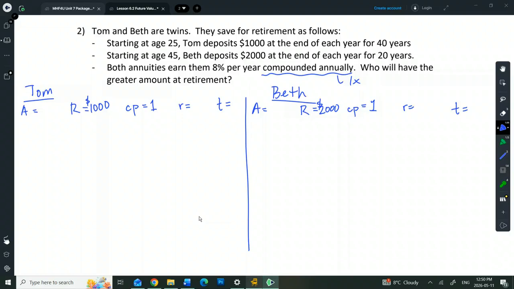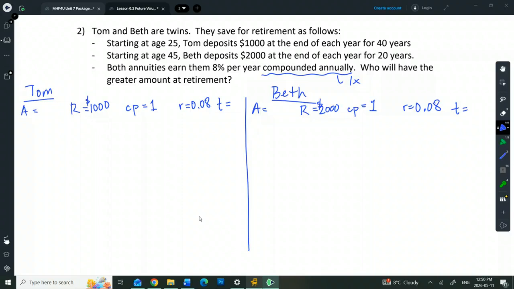Our interest rate as a decimal. And that's the same for both of them. They're both getting the same interest rate.